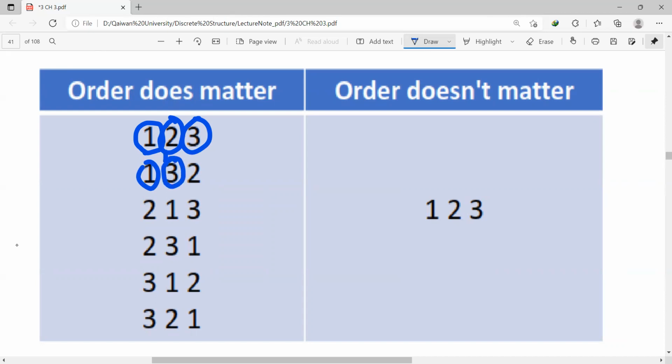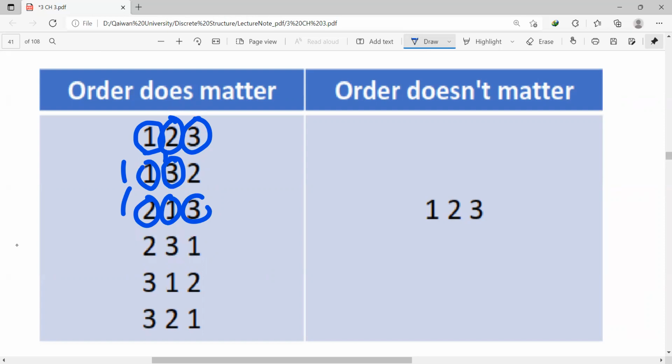As you see, it's different from the above one. This order is different from the above, and also this ordering is different from the above ones. Each of these is different from the above ones. That's why if we care about ordering, that's the permutation.